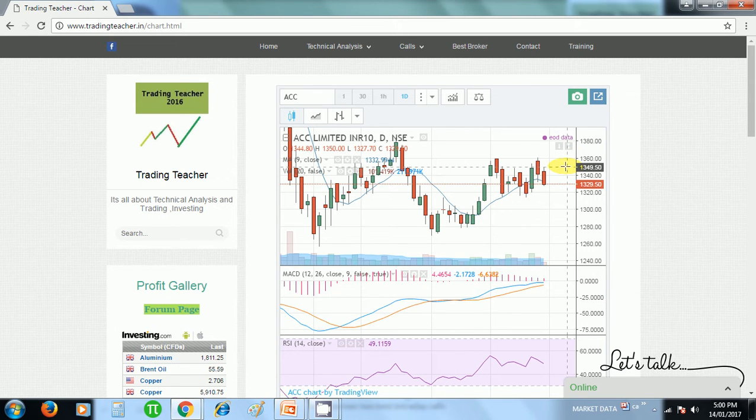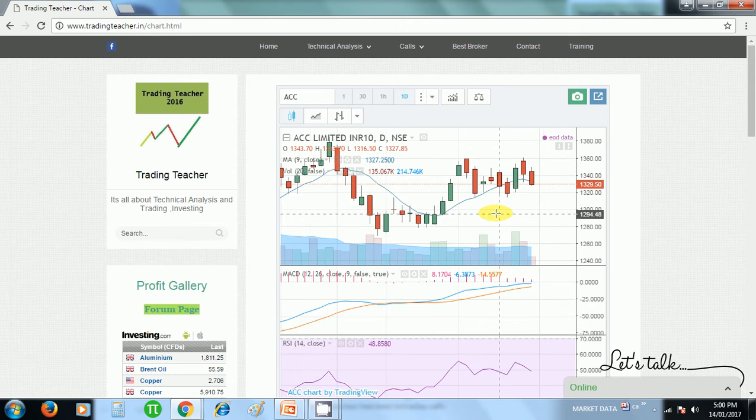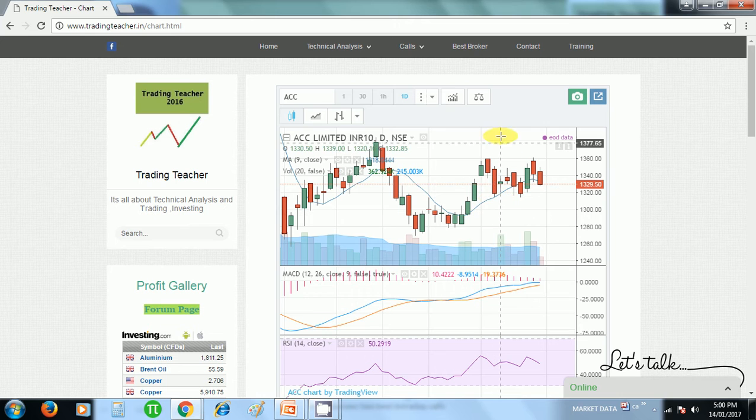We will see what happens: if it goes below 1270, then more downfall can be seen around the 1000 level, and if it goes above 1383, then we can say that the ACC will move up to 1400, 1500 once again.